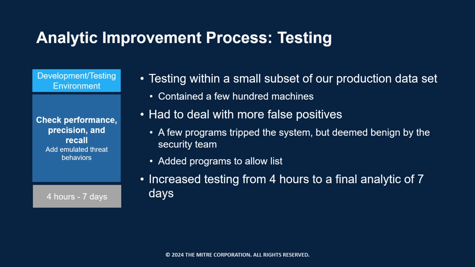I needed to create a more robust analytic that encapsulated behavior from a large group of users. Through some extra development and testing, we were able to create an analytic which only generated a few false positives, under the limit deemed acceptable by our information security team. The programs were deemed benign and were added to an allow list. The testing window was also expanded, as our final analytic was tested from a time span of 4 hours to 7 days.